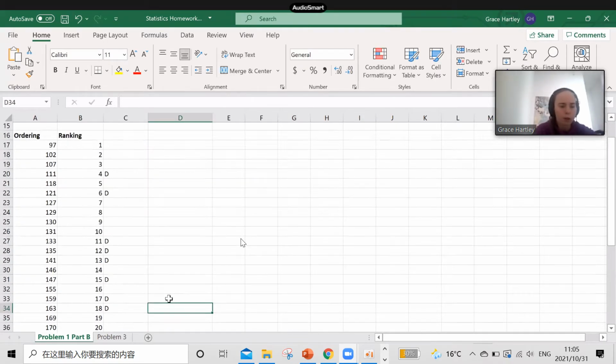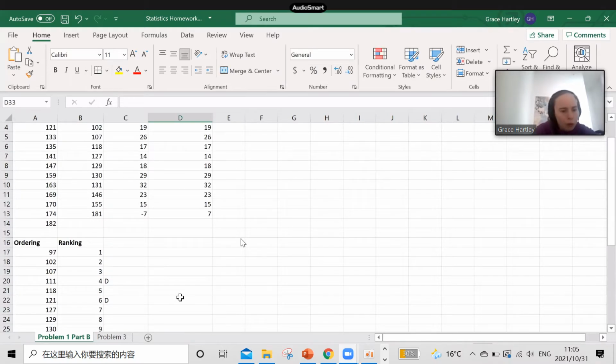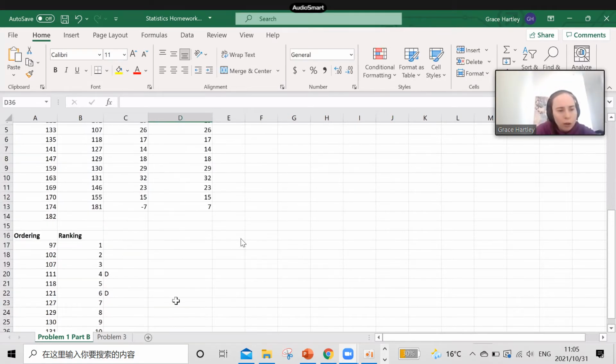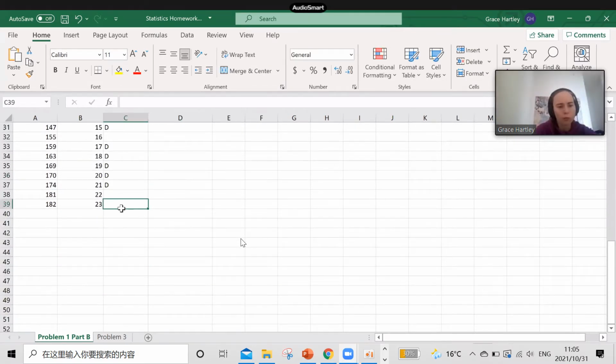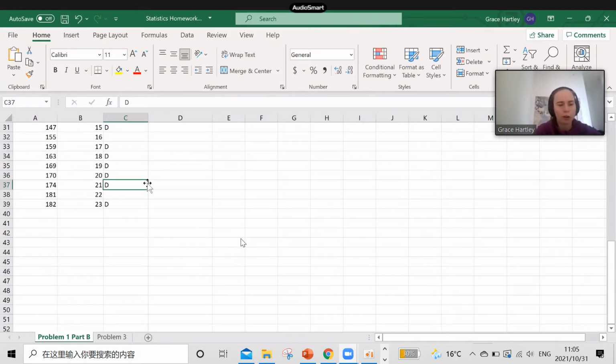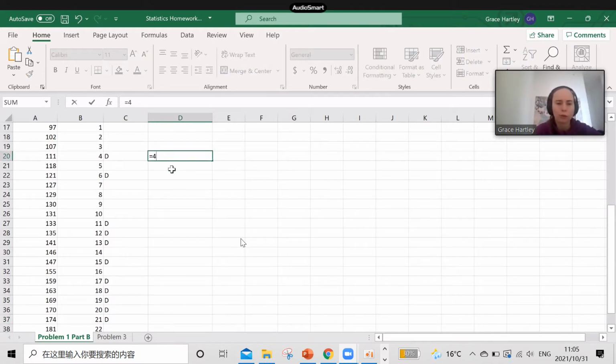163, 169, 170, 74, 182. Okay. So now I have all of them. So I'm now going to add them up together. So it equals 4 plus 6 plus, is this what you mean?